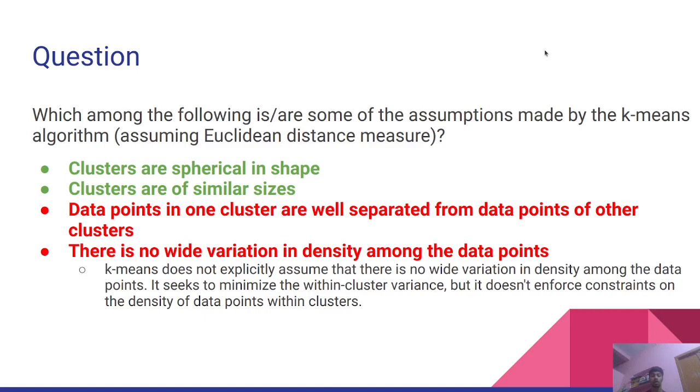We are saying that this kind of thing we cannot handle with K-means. That is not really the case. There is no assumption during the K-means algorithm that if the density is higher than another one, then the algorithm will not work, or that the ideal situation is that the density should be similar. So these kinds of assumptions are not there. So this is also not correct.